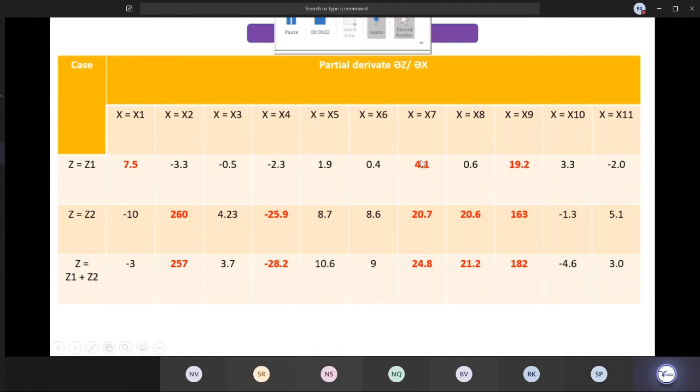So it's listed here in the table. For Z1, you can see x1, x7 and x9 leading as the most important features with a positive slope coefficient. For Z2 and Z1 plus Z2, x2, x7, x8 and x9 are the most important features.